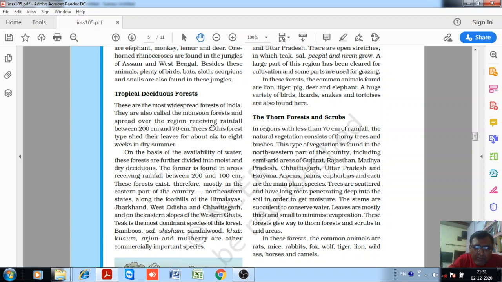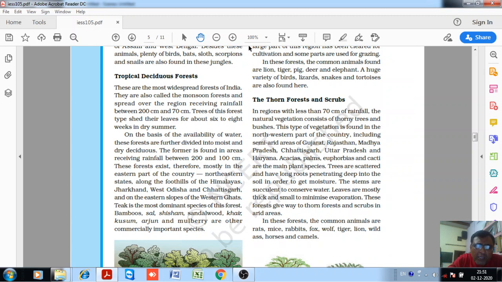So majorly we have divided this tropical deciduous forests into 2 major parts, that is moist deciduous, which receives the rainfall between 200 and 100 centimeter, and these forests exist mostly in the eastern parts of the country and northeastern states along with the foothills of Himalayas.